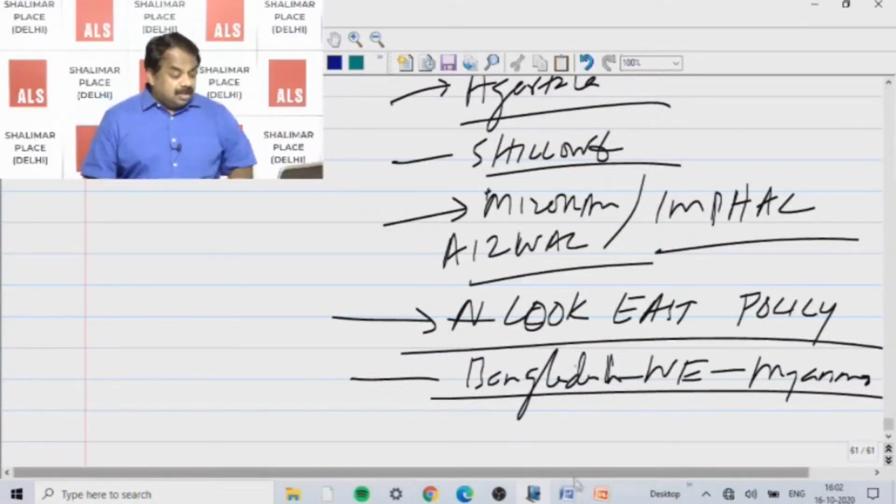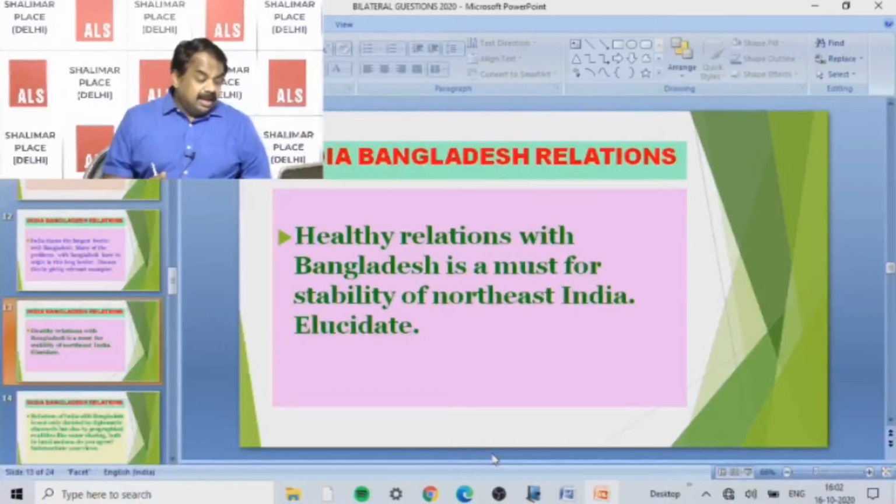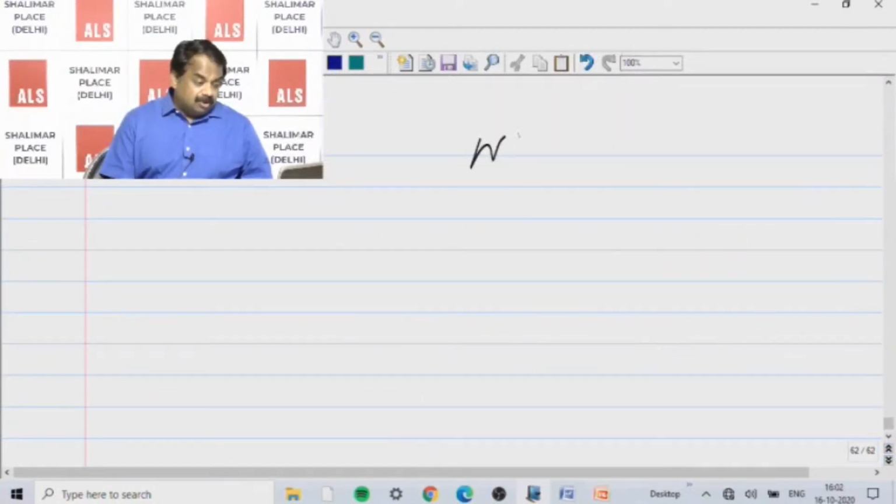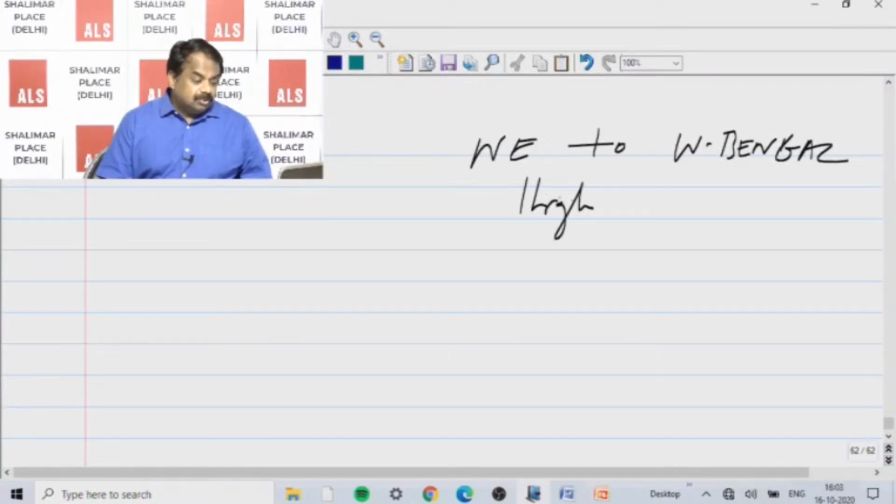So what we are trying to tell is a healthy relation with Bangladesh, if there is connectivity, if there is road, rail, even water connectivity, even electricity. The electricity produced in northeastern states can be evacuated through Bangladesh. We are already having a grid connectivity through Bangladesh from northeast to West Bengal.